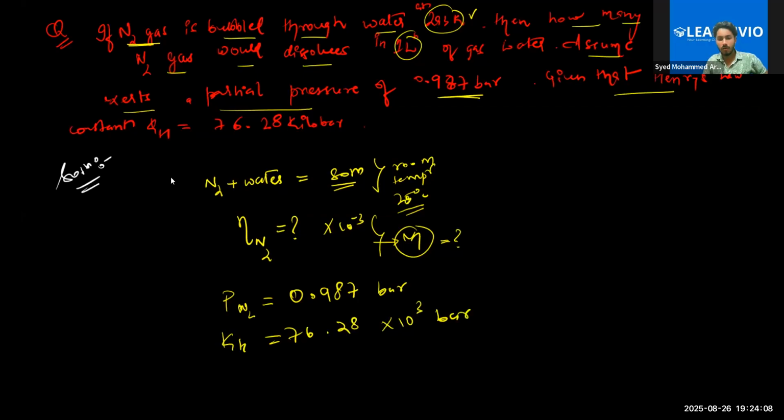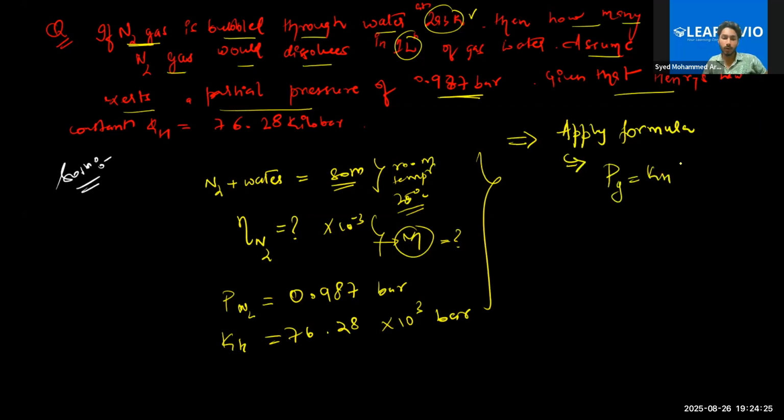So now all the given data in the question I have explained to you. Now just apply the formula, Henry's law, which is Pg equals Kh into the mole fraction of gas. Just apply this formula, tell me the answer.